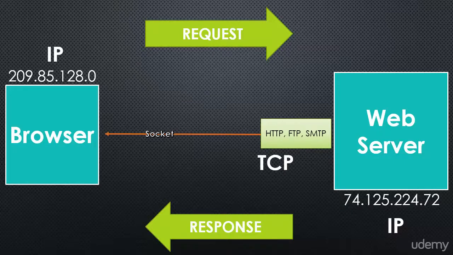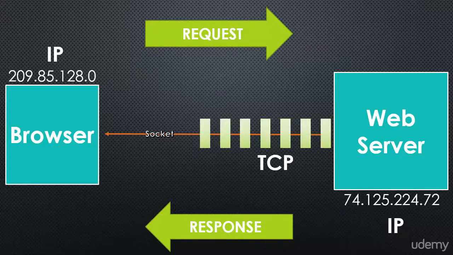And what that means is the information that we're sending, whatever format it's in, whatever protocol it's used to structure itself, TCP is the protocol that says we'll take that information and split it into pieces and send those pieces one at a time through the socket from computer to computer, and that individual piece is called a packet.